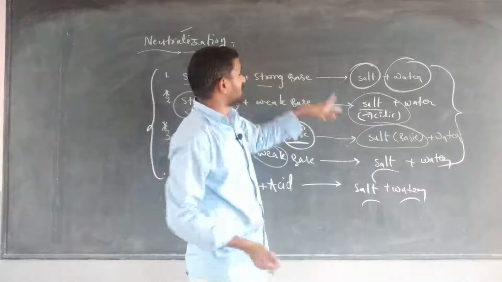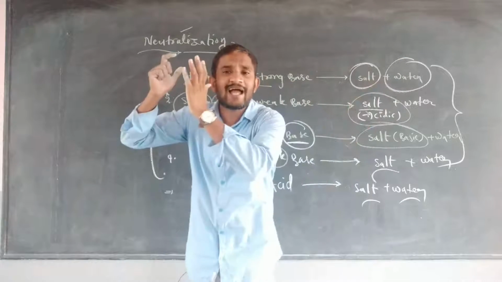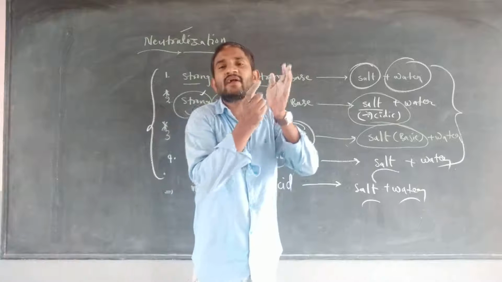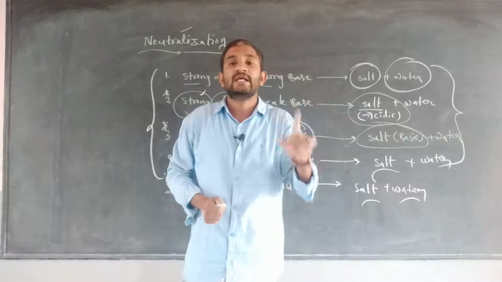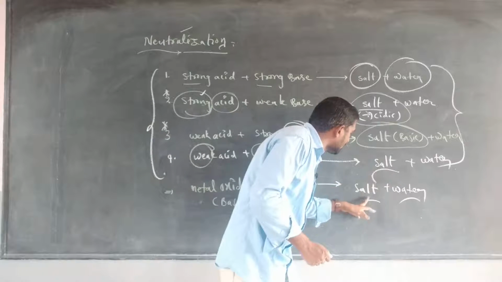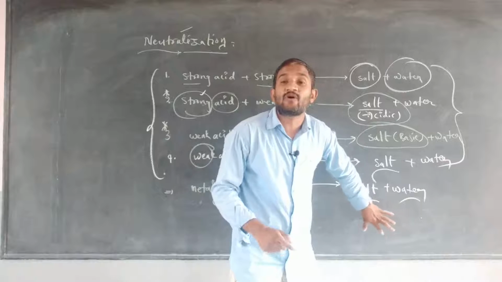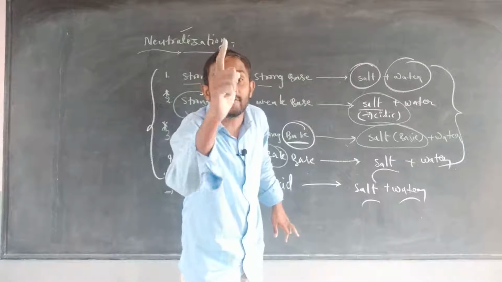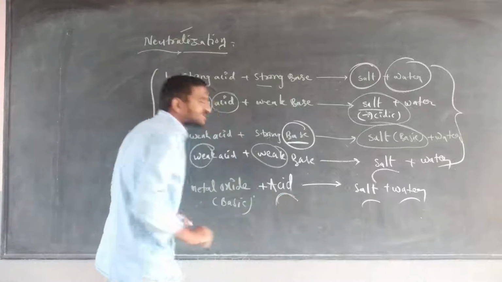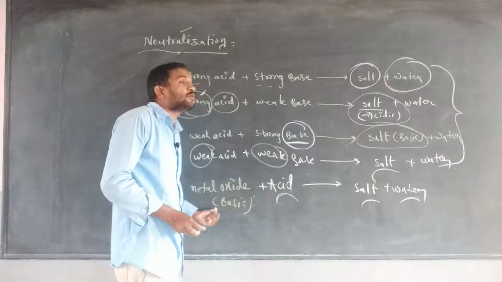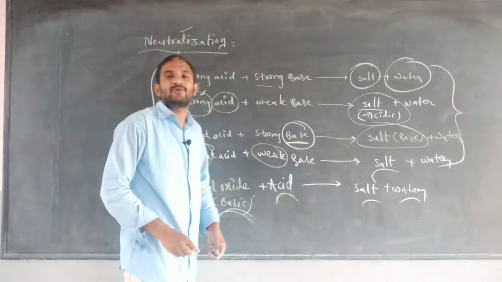From the previous reactions, we know that salt and water are formed only when an acid and a base react. That means it should be formed by the combination of acid and base. Here the acid is already there, so the remaining compound should be a base only.